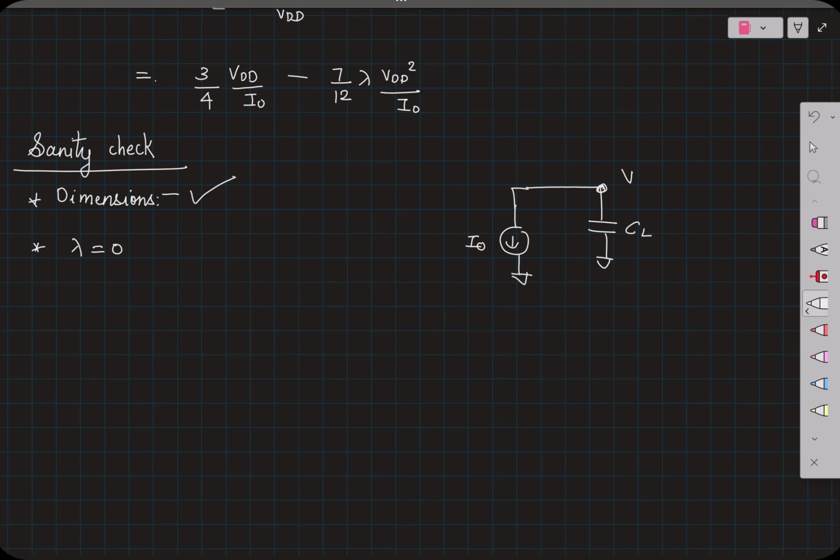The charge on it needs to go from VDD to VDD by 2. That means the delta V the capacitor needs to see is VDD by 2, right? And you know that delta Q will be equal to C into delta V, where the delta Q can be written as current being drawn into a time duration for which it is being drawn, right? So if your delta V is corresponding to capacitor discharging from VDD to VDD by 2, what is delta T?